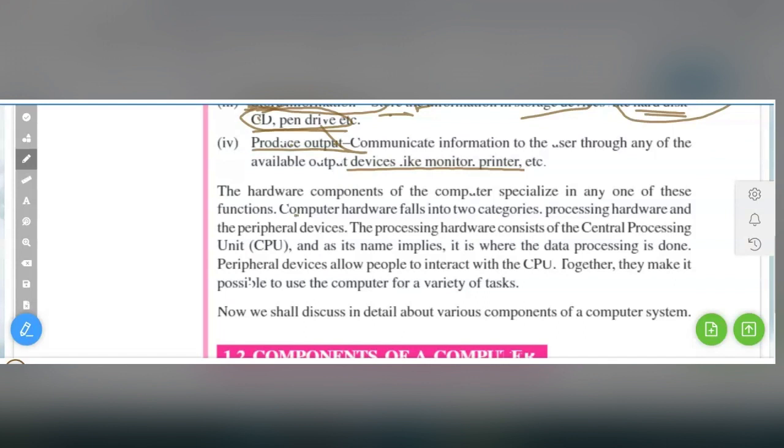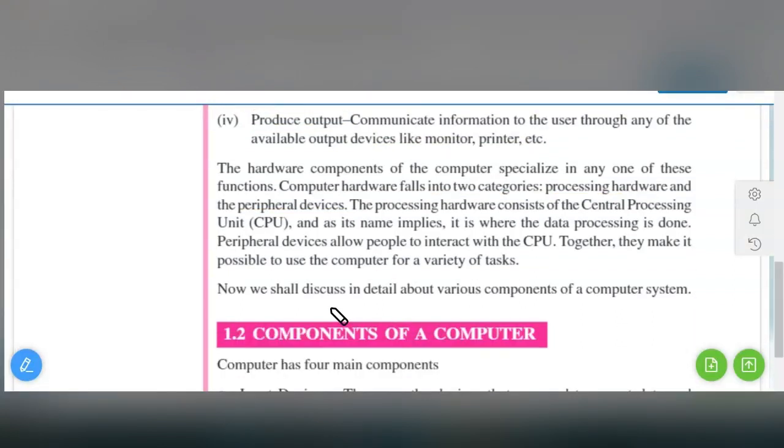Here it is written, computer hardware falls into two categories: one is processing hardware, and another is peripheral devices. Processing hardware consists of the CPU, where the data processing is done. Next is peripheral devices.